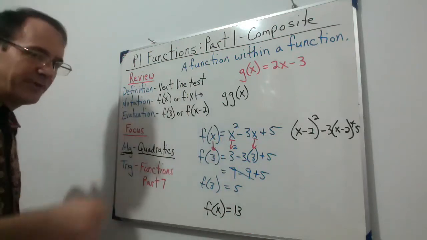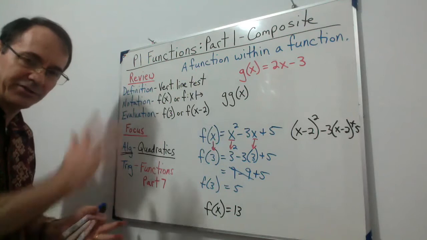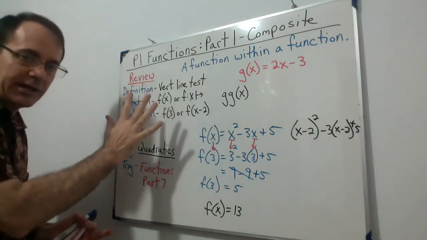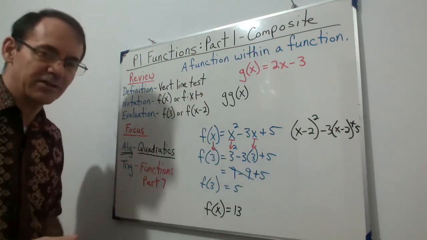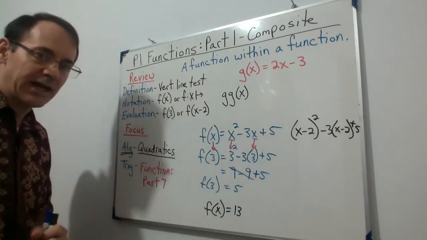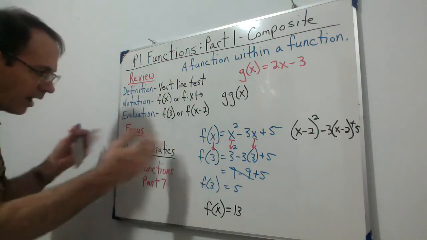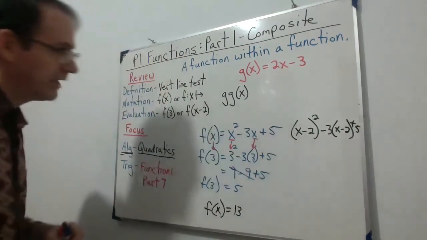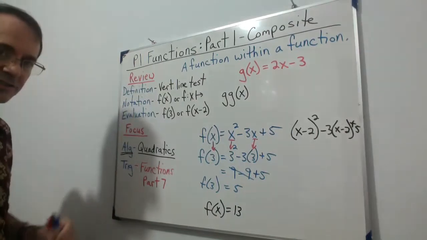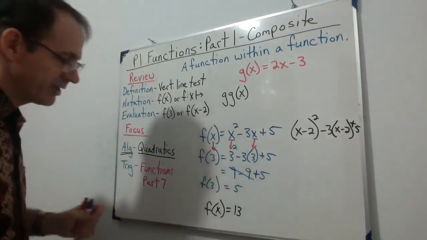And then how to evaluate, you should already know how to do that. So this should be review. You should already know this, but it is fundamental just in case you're coming into this video and maybe you forgot some of those basics. Our focus, we're going to focus on the algebraic part. Again, we'll wait to the trigonometric functions until the unit on trigonometry.